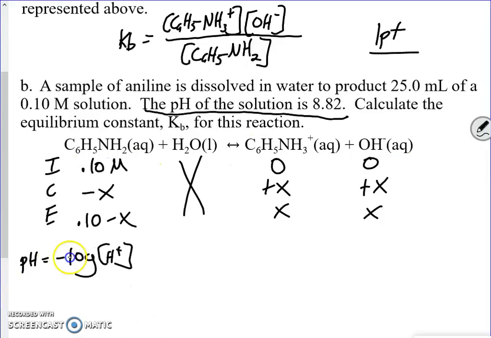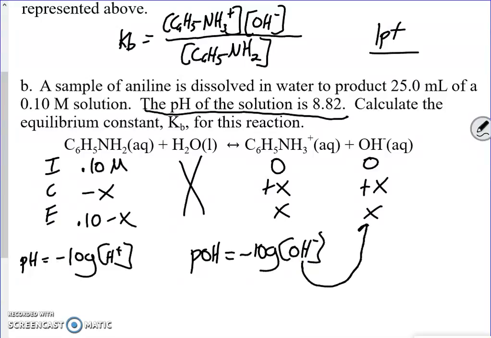But we do know that pH and pOH are related, and pOH is equal to the negative log of the hydroxide ion concentration, which means if we could figure out what pOH is, we could figure out the hydroxide ion concentration, and that concentration just happens to be x. So let's go through and do that.